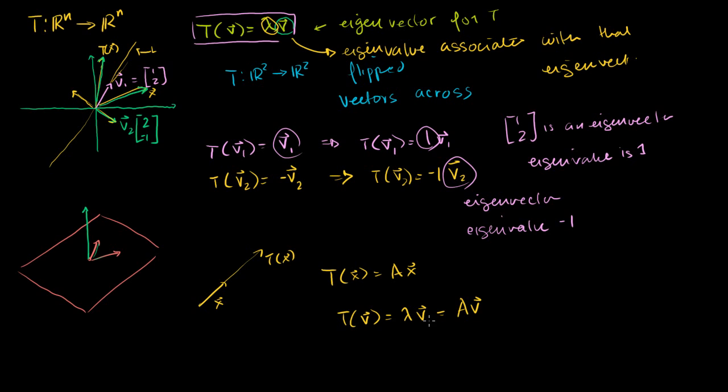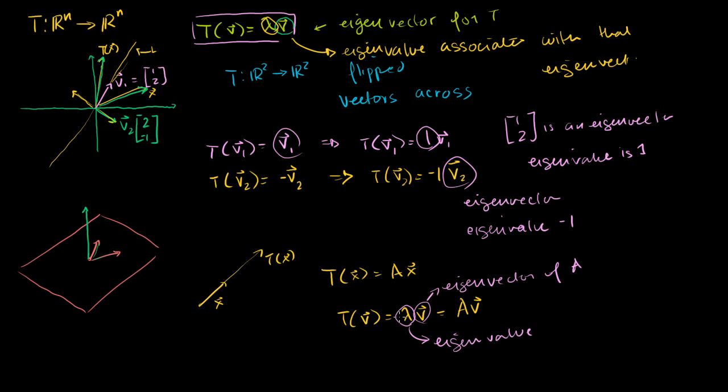So this would be an eigenvector of A, and this would be the eigenvalue associated with the eigenvector. So if you give me a matrix, it represents some linear transformation. You can also figure these things out. Now, in the next video, we're actually going to figure out a way to figure these things out.